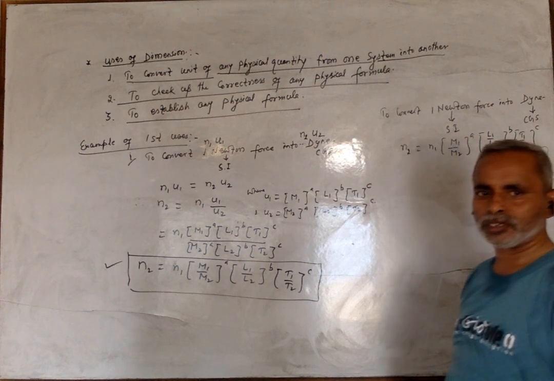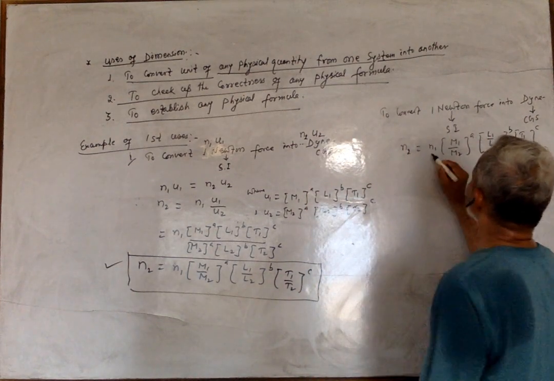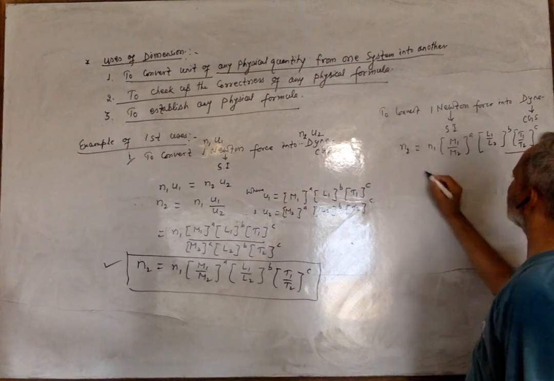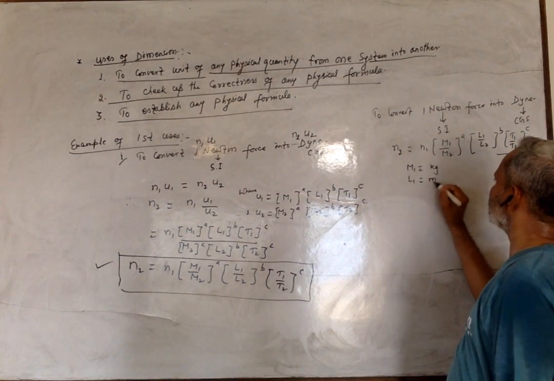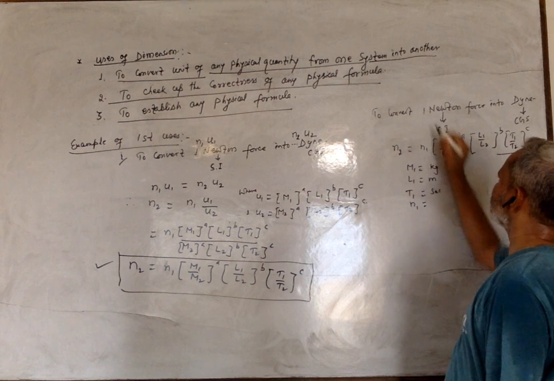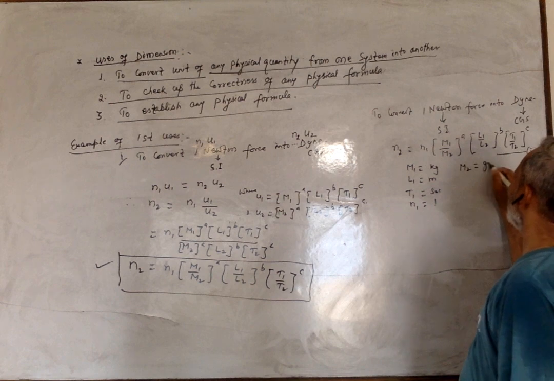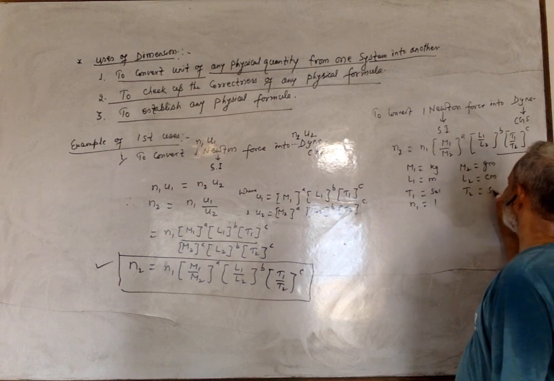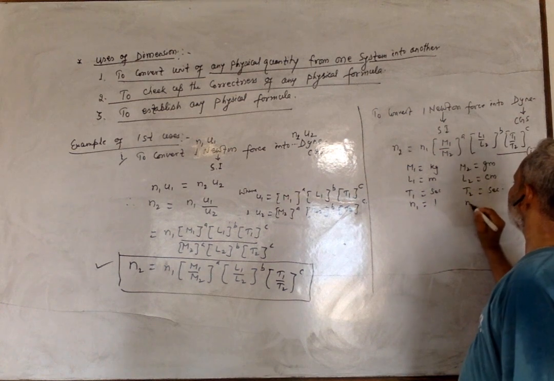Call it equation 1. The given system, Newton in SI, is expressed with suffix 1: M1 in kg, L1 in meter, T1 in second, N1 numerical value 1. M2 in gram, L2 in cm, T2 in second, N2 unknown.